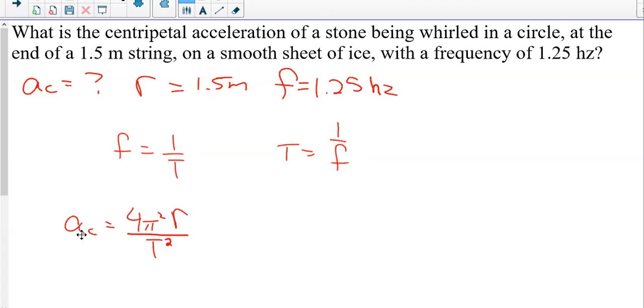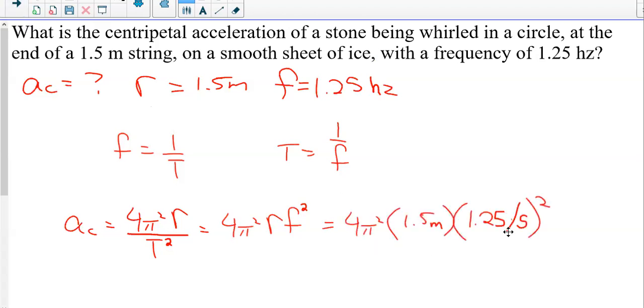So your centripetal acceleration is 4 pi squared times your radius divided by your period squared. We can directly replace. So if 1 over your period is equal to your frequency, then 1 over your period squared should just be equal to your frequency squared. You can just substitute that into the equation. And then you don't have to actually do this in a separate equation if you don't want.